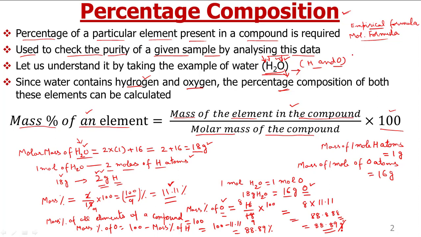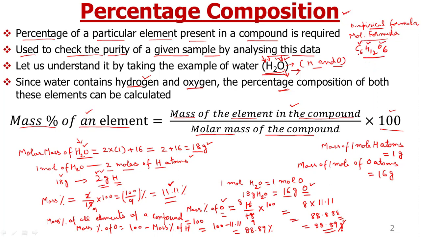So I want to convey to you that if you have to calculate the percentage composition of a given compound, calculate the percentage composition of all the atoms, and the percentage composition of the last element can be calculated by using this formula. Suppose we have C6H12O6. This compound has 3 elements.